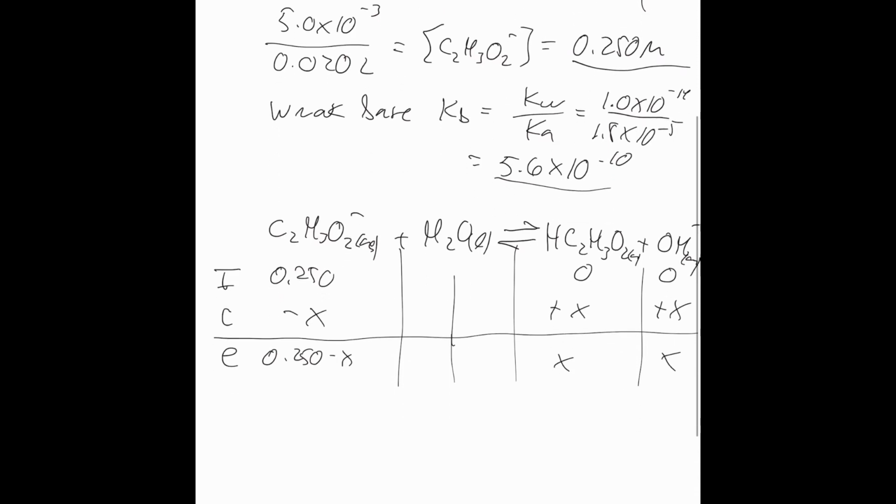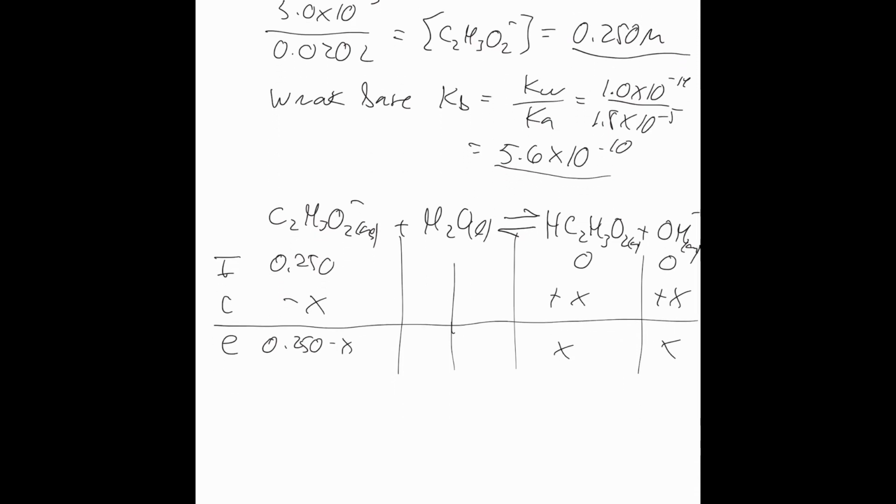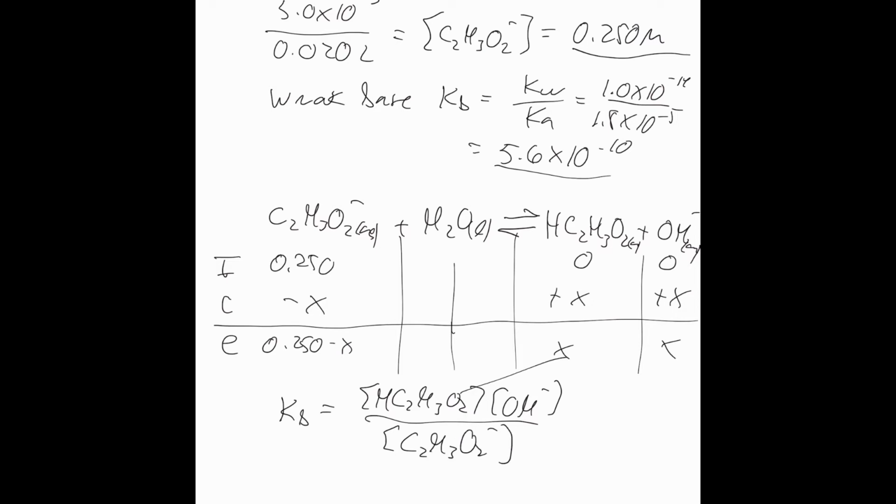All right, and so then we write this out. I'm going to be kind of complete here: HC2H3O2, so our acid, and our base, over our weak base. Now notice this is 10 to the minus 10 and this is 10 to the minus 1, so we're going to drop the x.